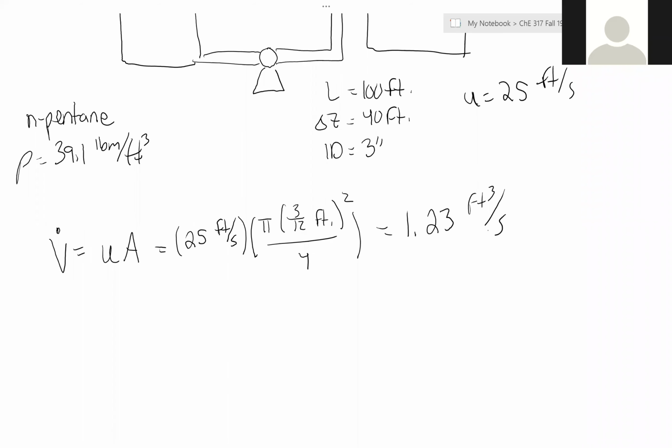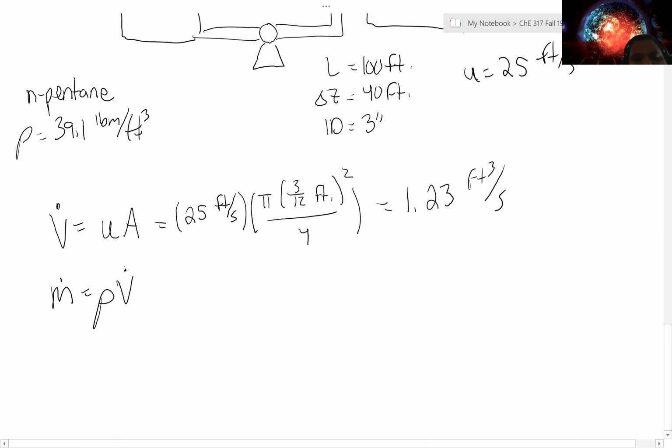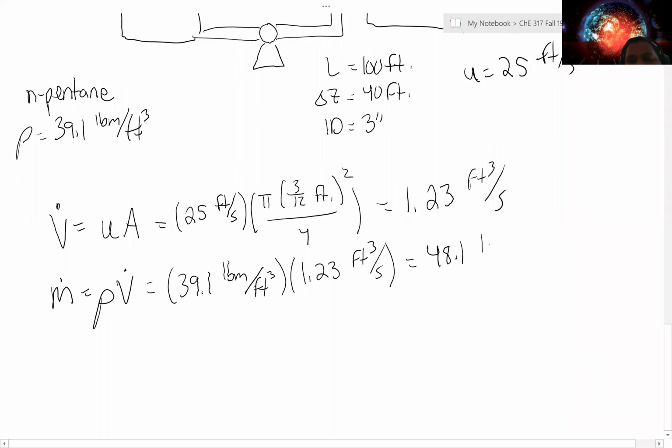Now, if I solve for the mass flow rate, simply density times the volumetric flow rate, or 39.1 pound mass per cubic foot times 1.23 cubic foot per second, which should give me approximately 48.1 pound mass per second.